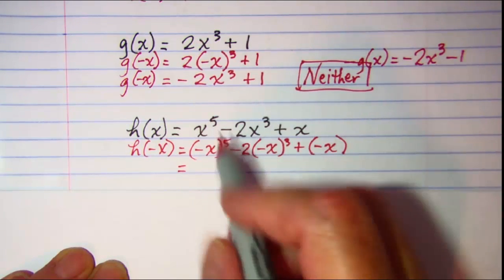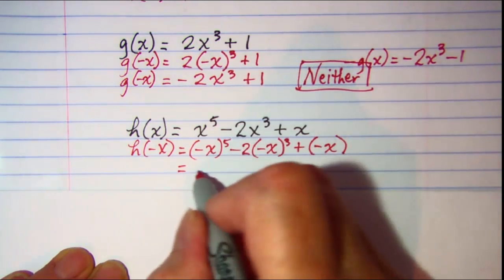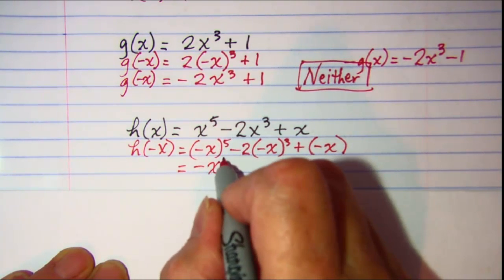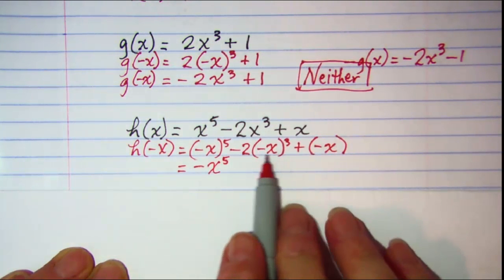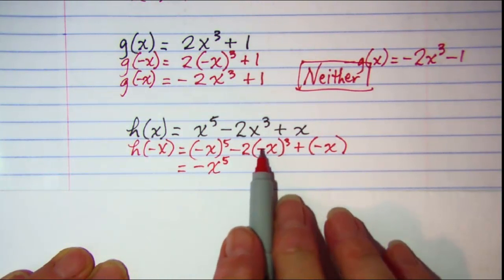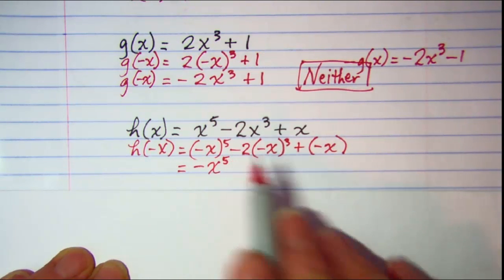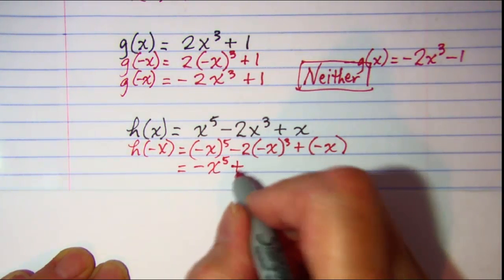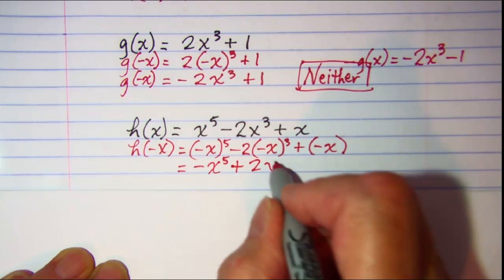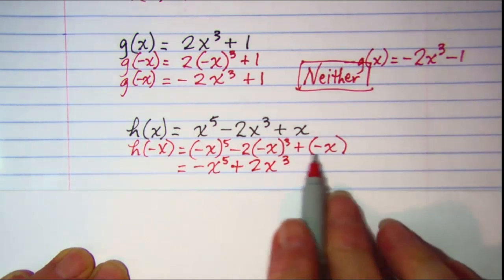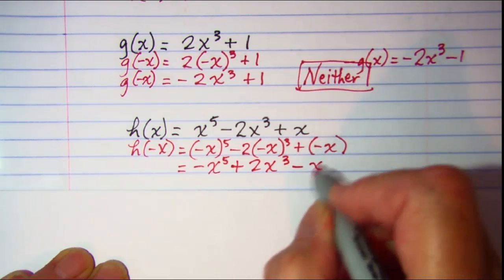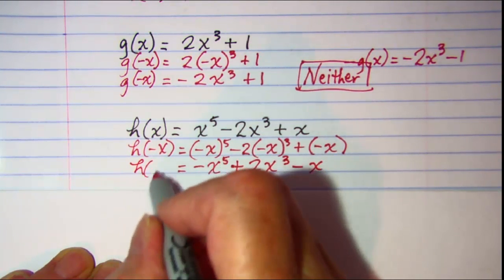When we raise negative x to an odd power, we get negative x to the fifth. This one's also an odd power, so this negative along with this negative would be a positive. And then this is minus x. So this is our h of negative x.